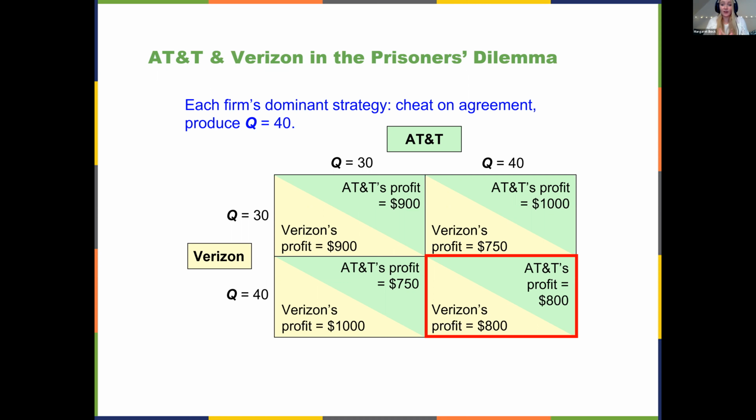Even though they'd be better off if they stuck to the agreement, there is uncertainty about what the other player is going to do. To mitigate that risk, they say, well, they might cheat, I might as well just cheat, because I'm better off no matter what if I cheat on the agreement.